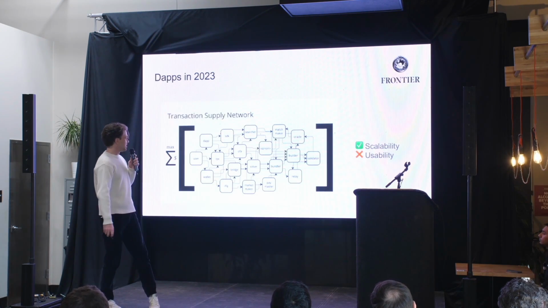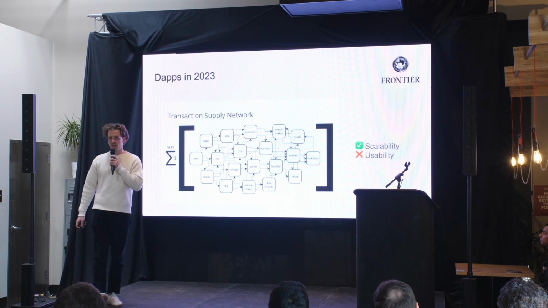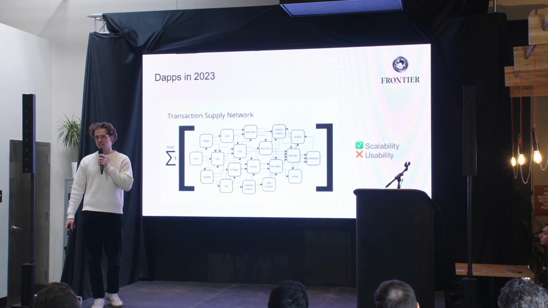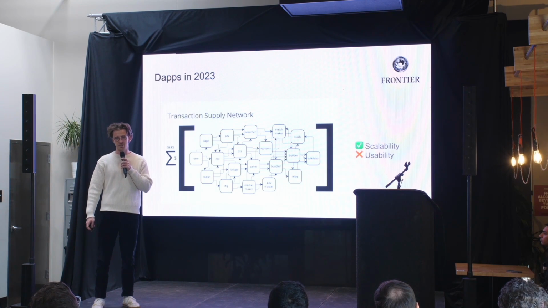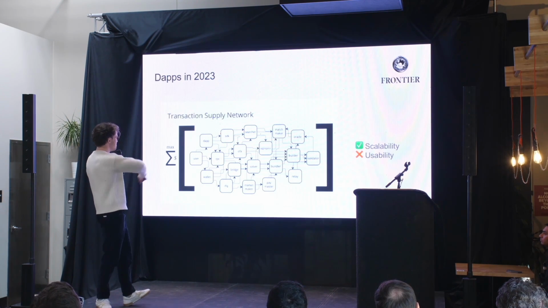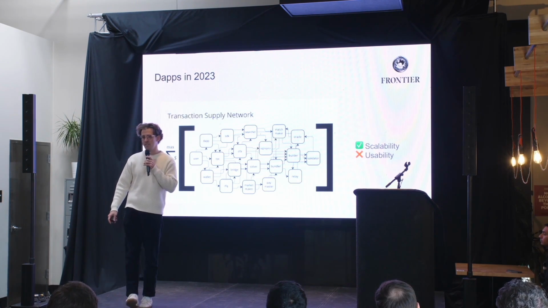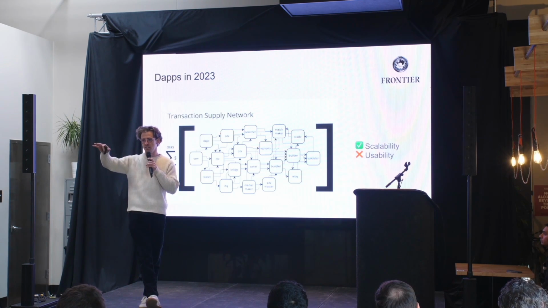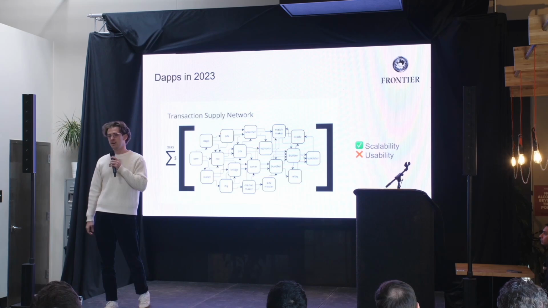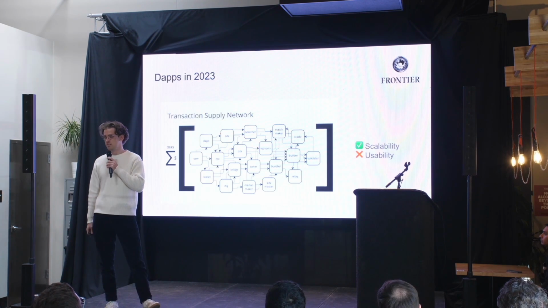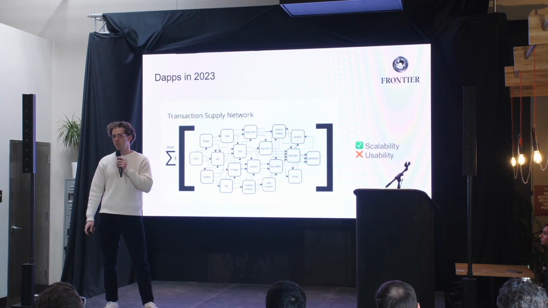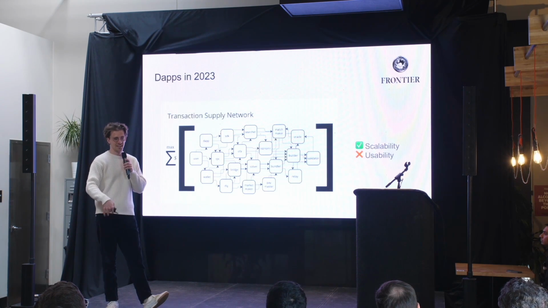And we've ended up in a situation where on Ethereum, getting a transaction on chain goes through an entire mess of different actors. Somehow, we have all these other layers now, roll-ups, that allow us to have scalability of block space, but we've lost the usability of the blockchain.